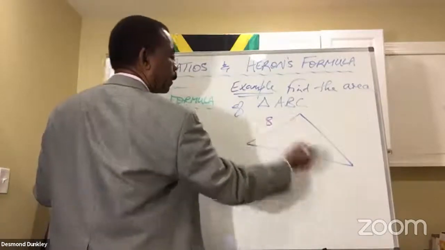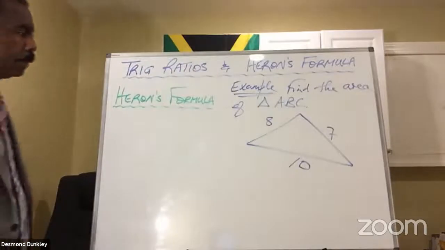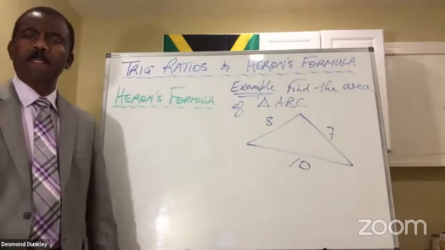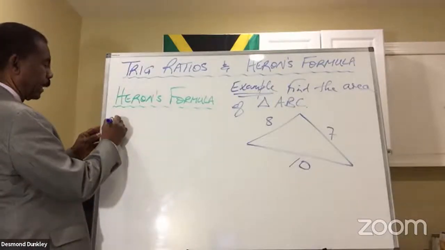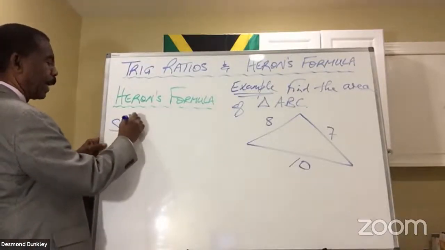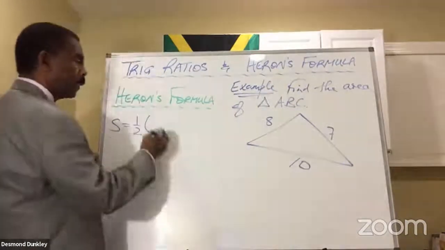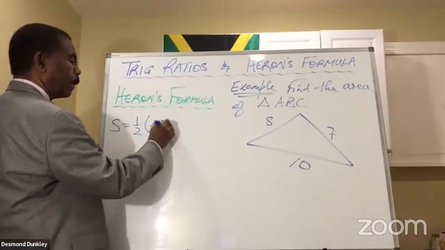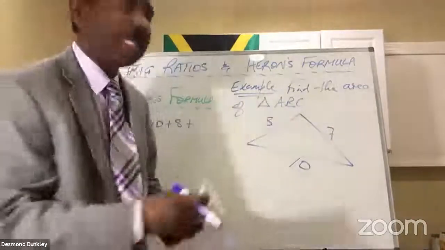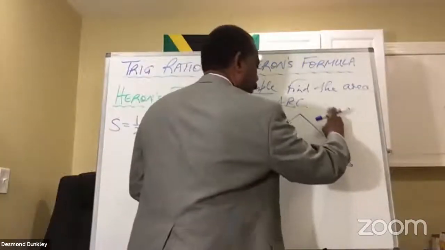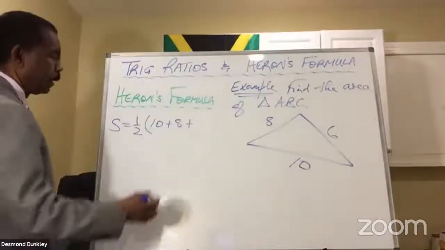Let's go with 8. Let's go with 7. So that's our triangle, 10, 8, 7. Calculate the area. Well, step 1 says S is equal to a half times the sum of the 3 sides. So it's 10 plus 8 plus, to make it easy, let's use an even number. Let's call this 6, just to make it easy.